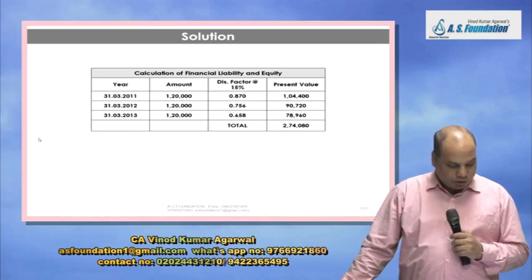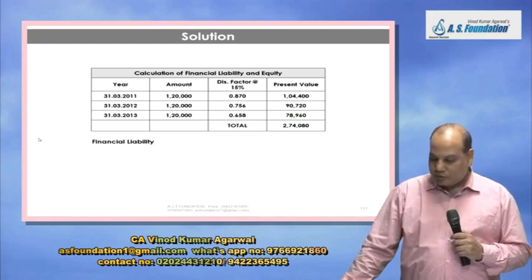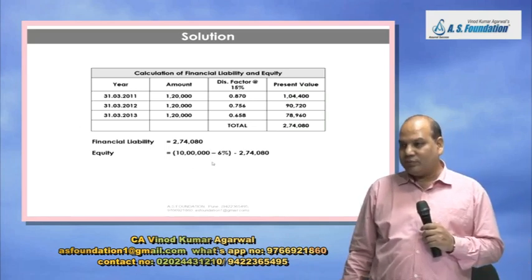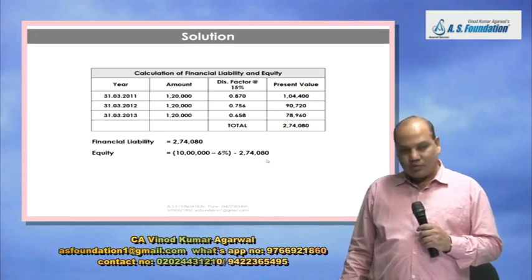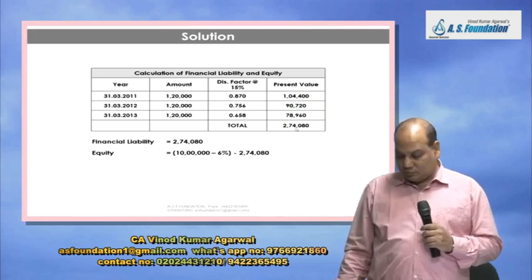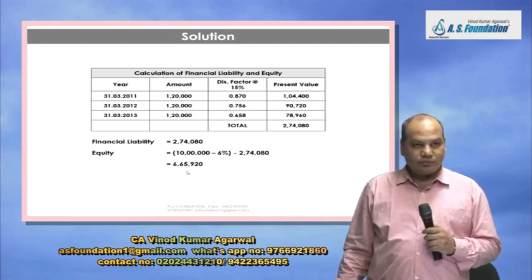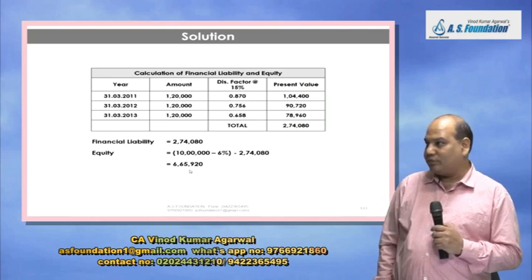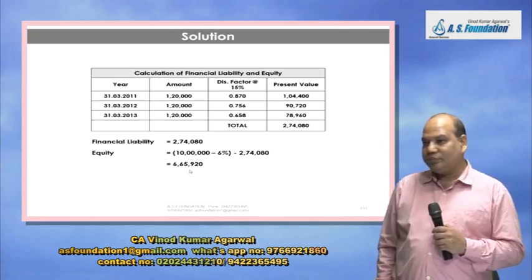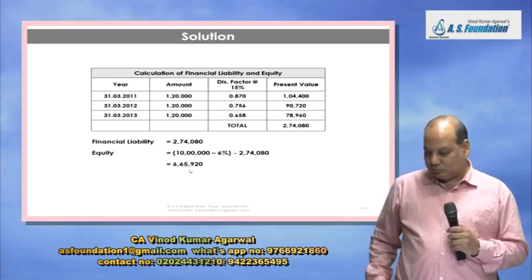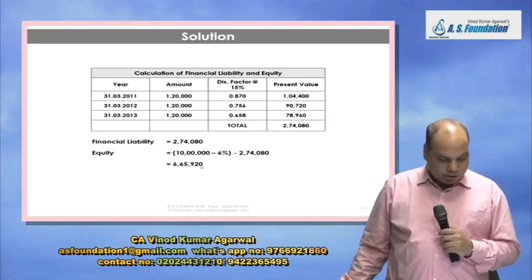No. These are to be converted into equity shares. The equity portion will be proceeds of 9,40,000 minus the liability part. Approximately right. 665,920. Is it right? Try the next one.